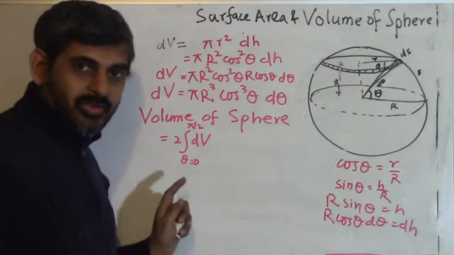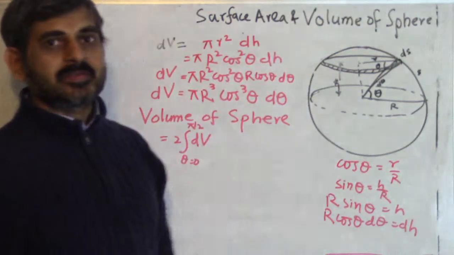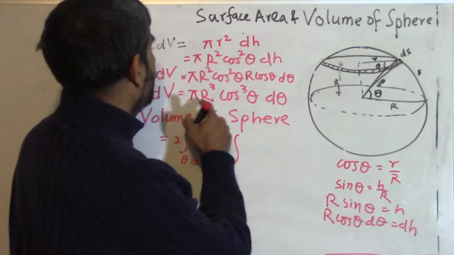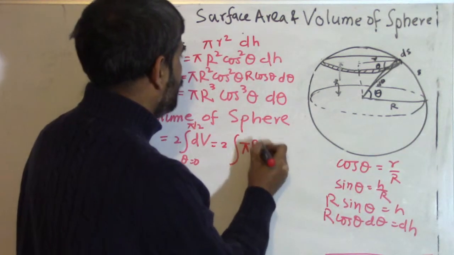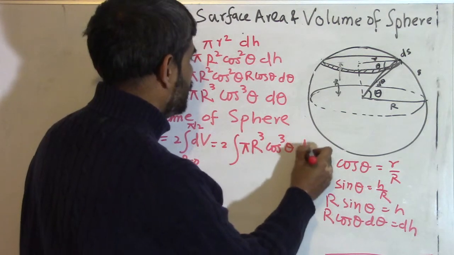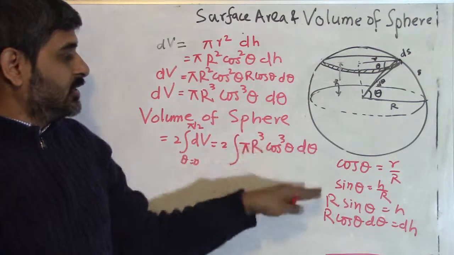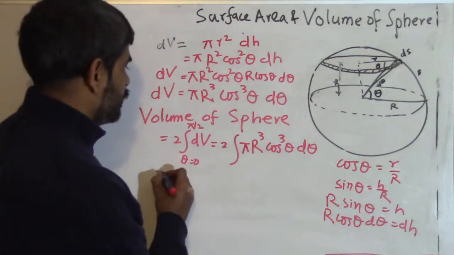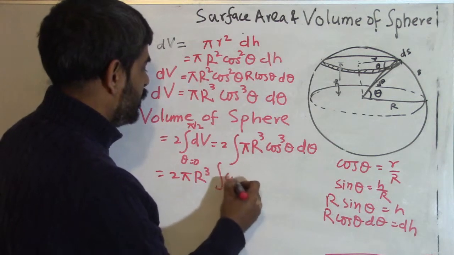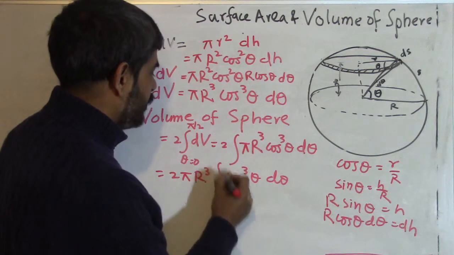And this integration is nothing but the addition of these small pieces. This is equal to 2 times the integral of pi r cube cos cube theta d theta. Pi and r cube stay constant, so we can take them out. This is 2 pi r cube integral of cos cube theta d theta, as theta is from 0 to pi by 2.